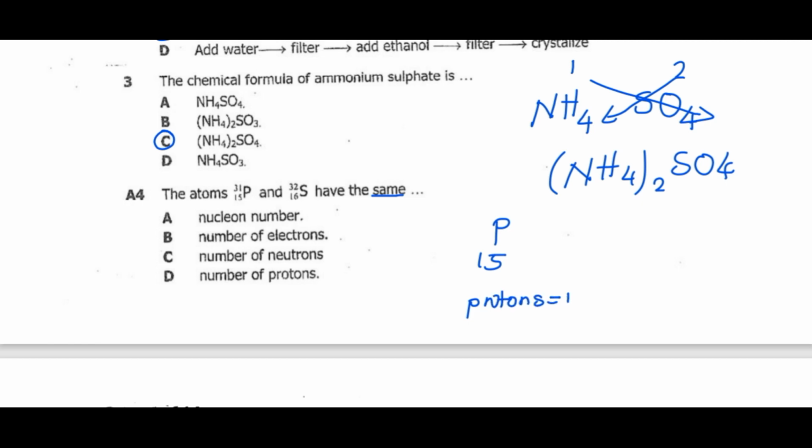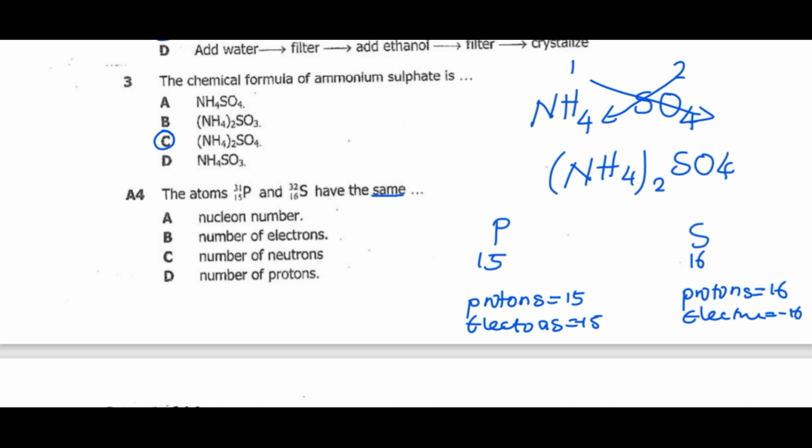What of electrons? The electrons are also 15. Then let's look at our S. Our S will have 16. So there are 16 protons in S. There are also 16 electrons in S.